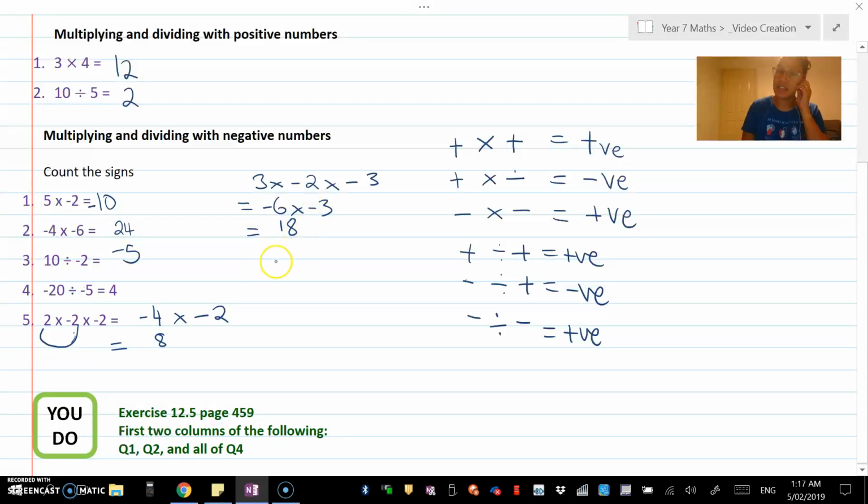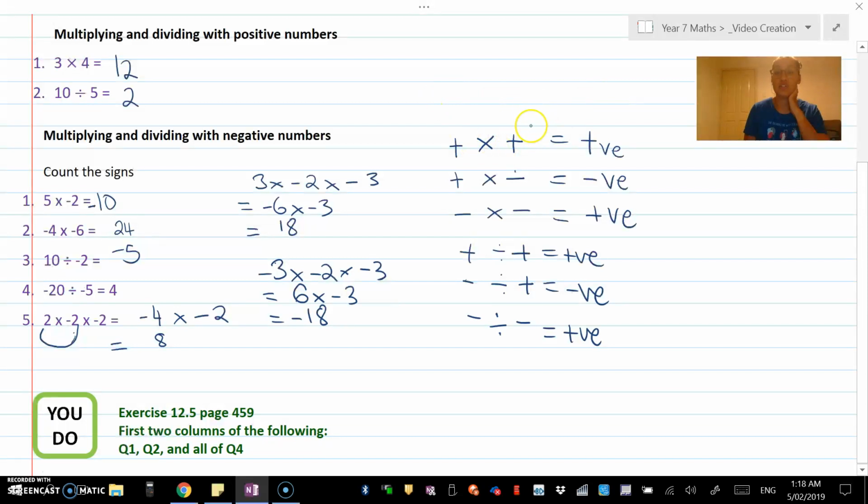Say we went all three as negatives, that becomes positive 6, multiplied by negative 3 becomes negative 18. What you might start to realize is that if you have an odd number of negatives, you will have a negative answer, and if you have an even number of negatives, you'll get a positive answer.